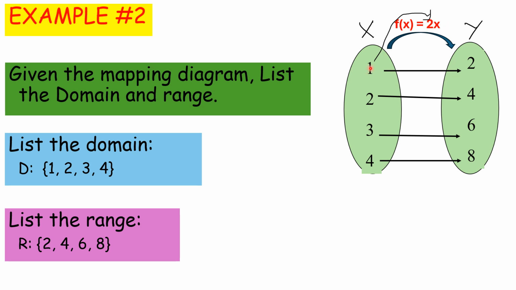So 2 times 1 is 2. 2 times 2 is 4. 2 times 3 is 6. 2 times 4 is 8. So the x values are the domain 1, 2, 3, 4. And the y values is the range 2, 4, 6, 8.